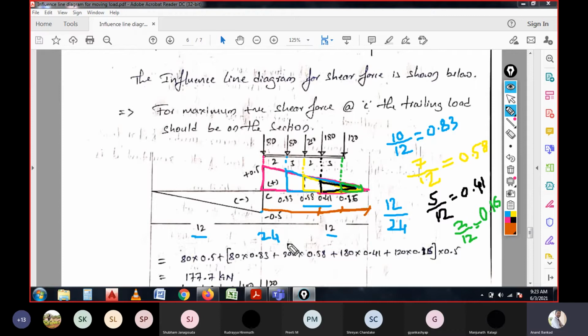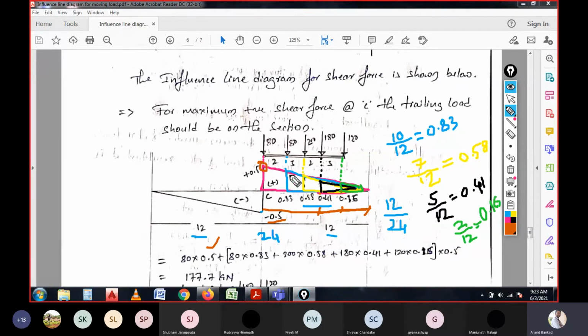And one more thing, whenever the particular loads are moving from one side to the other, that needs to be considered. So with this, it is written over here. For 80, we have 0.5. For 80 into 0.5, that is considered as positive. Whenever you are calculating the shear force on the right side of the section, you need to consider the positive value. And if you consider the negative side or the left hand side of the section, we need to consider the minus sign.